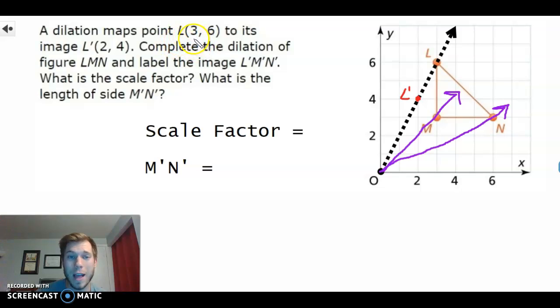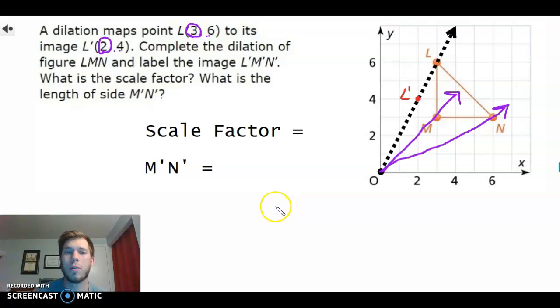So we have L, which was 3, 6, and L prime, which was 2, 4. To get this scale factor, you actually only need to choose either the x coordinate or the y coordinate for each one. I'm going to choose the x coordinate to make it a little simpler.